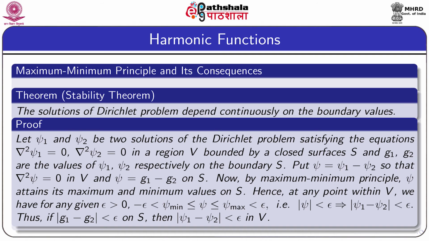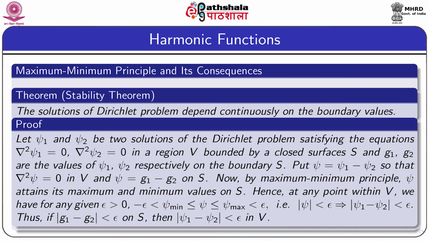Hence, at any point within V, for any given epsilon greater than 0, minus epsilon is less than psi minimum, which is less than or equal to psi, which is less than or equal to psi maximum, which is less than epsilon. That is, mod of psi is less than epsilon if the difference of psi max and psi min is less than epsilon.